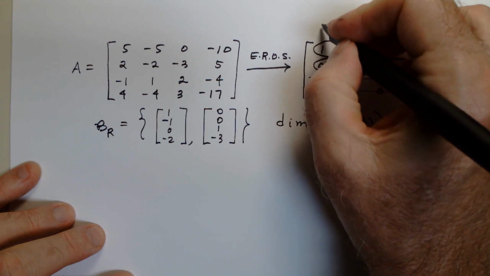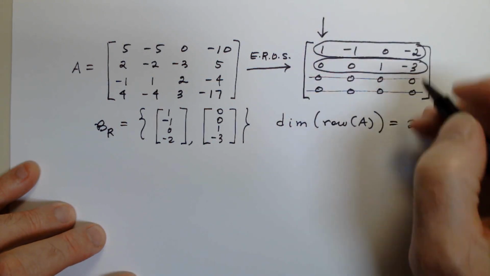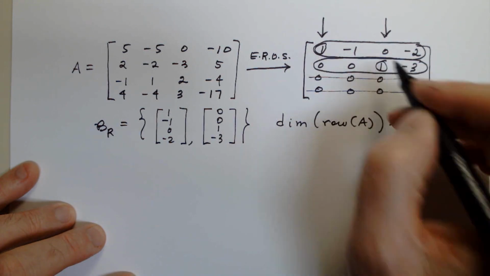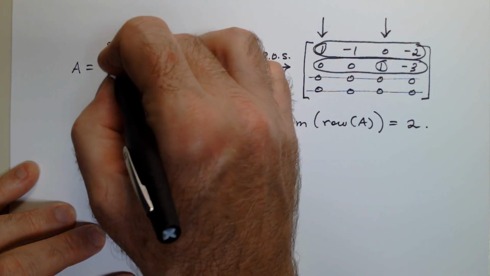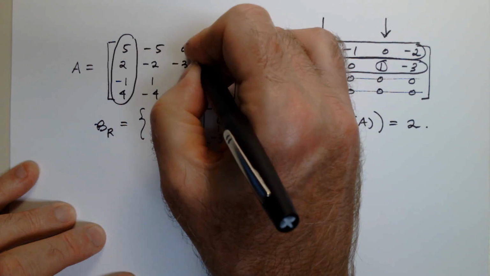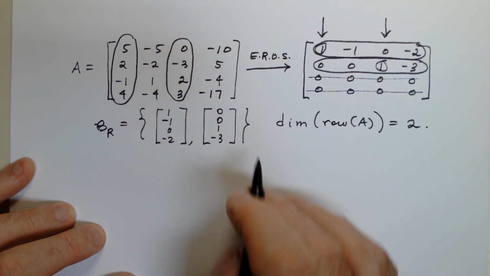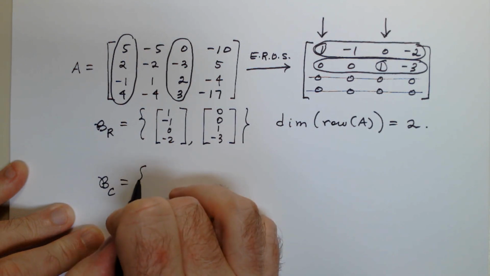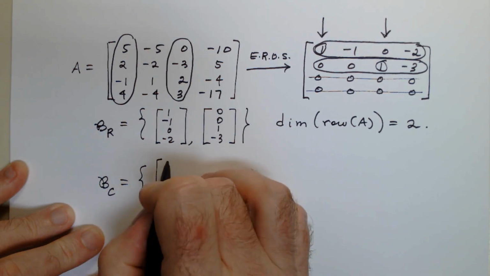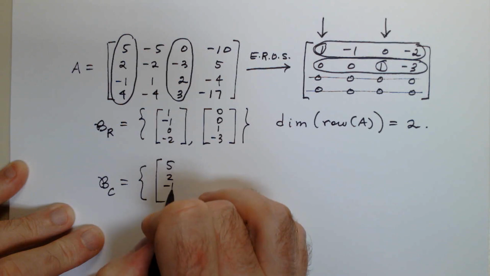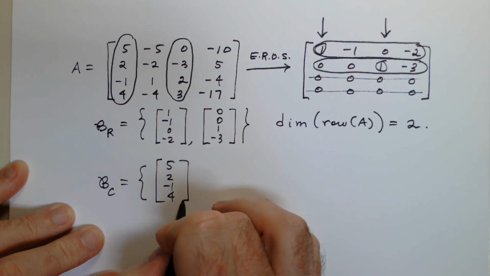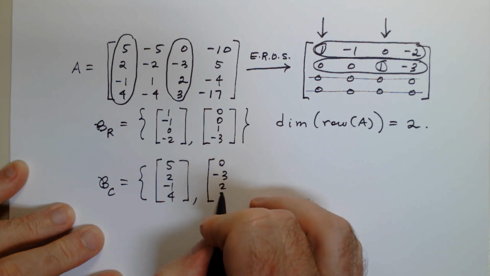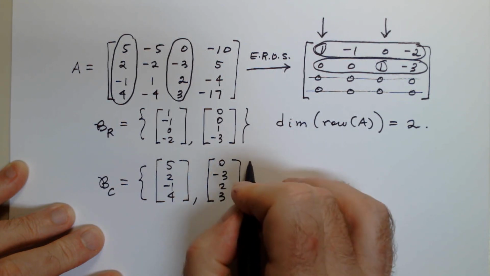So here we see that there's a leading 1 in column 1, and we see that there's a leading 1 in column 3. And so we go back to the original matrix and we grab column 1 and we grab column 3, and we say that a basis for the column space is going to consist of (5, 2, -1, 4) and (0, -3, 2, 3).